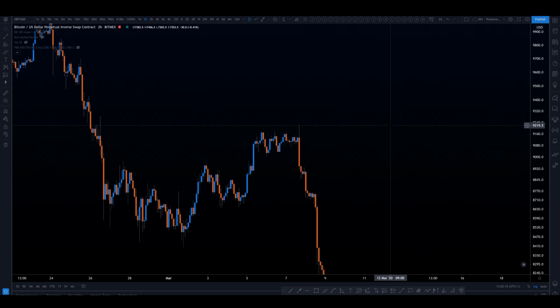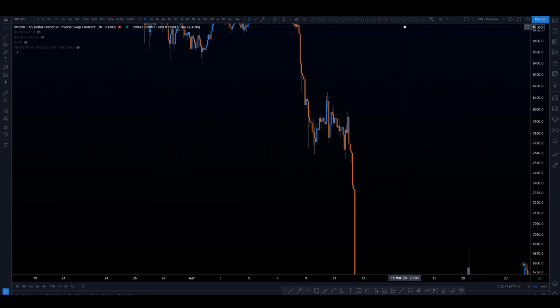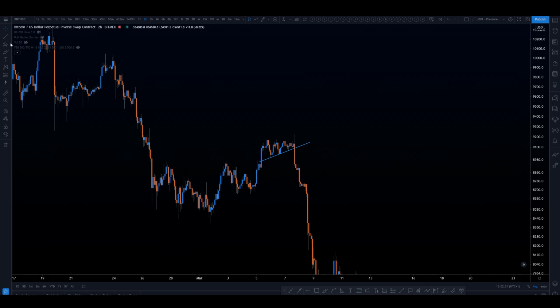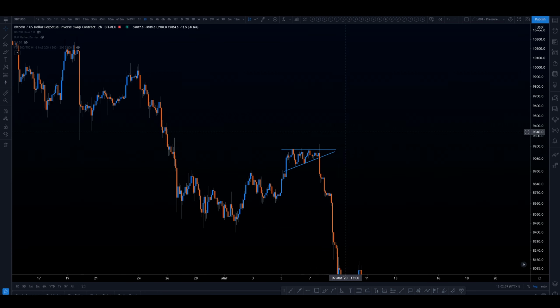I really like this spot here. This was directly before the major crash in March 2020. What we have here is a pressure zone, because we have this converging support and resistance in the pattern of an ascending triangle, which is bullish.